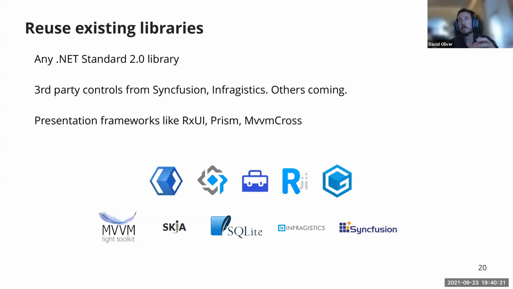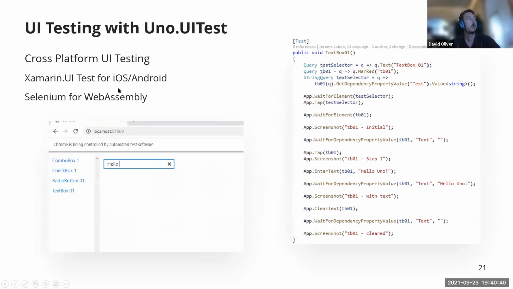So presentation frameworks that you may have already encountered if you've used other UI frameworks. So I'm going to spend the rest of the talk looking at some of the third-party libraries available.